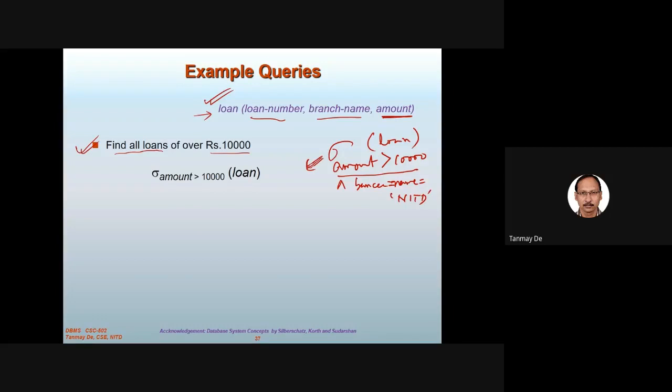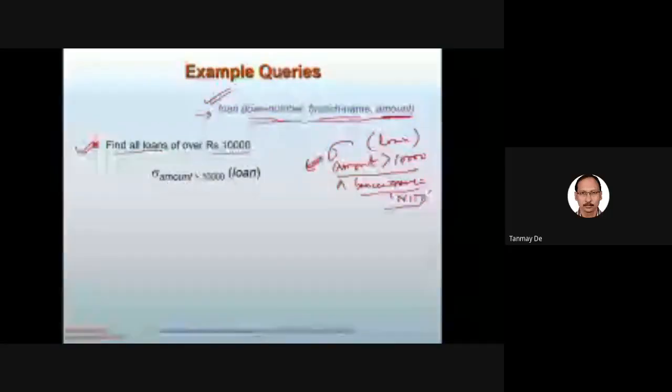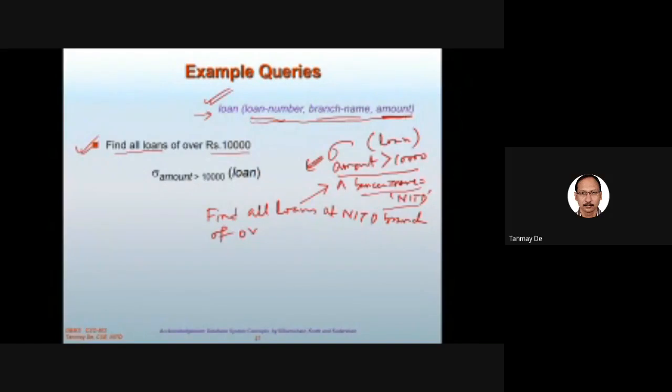That means when both conditions hold, the tuples are given as the outcome. Is it clear? This finds all loans at the NITD branch of over 10,000.